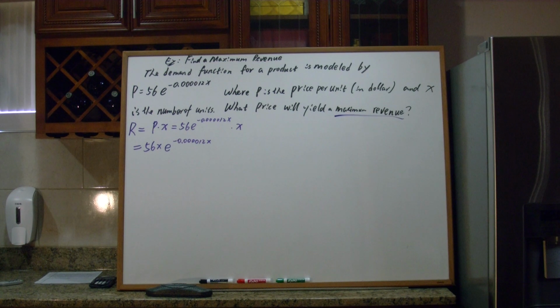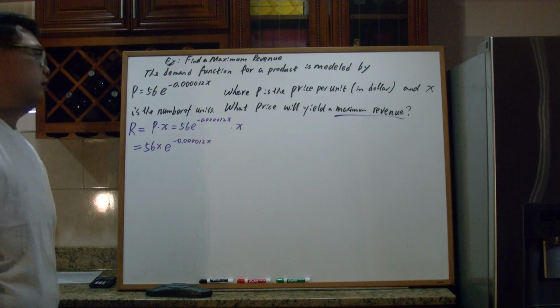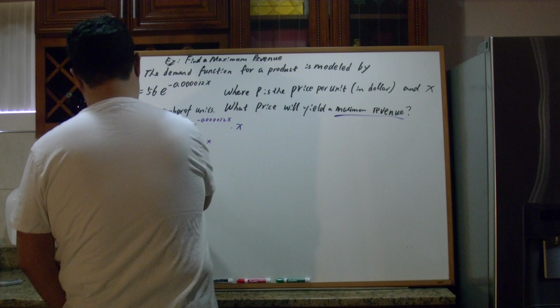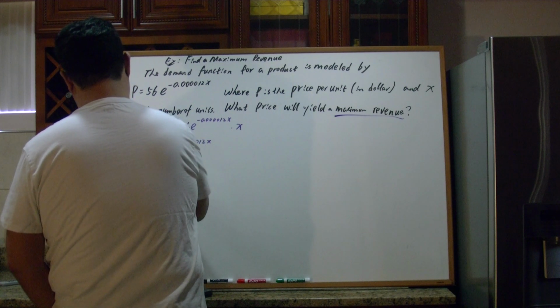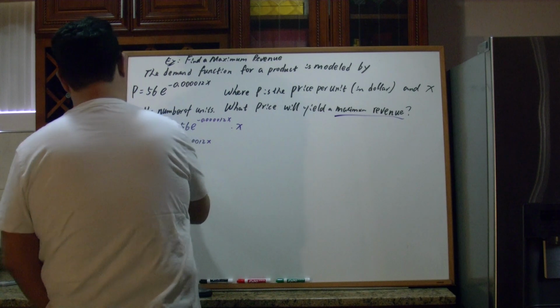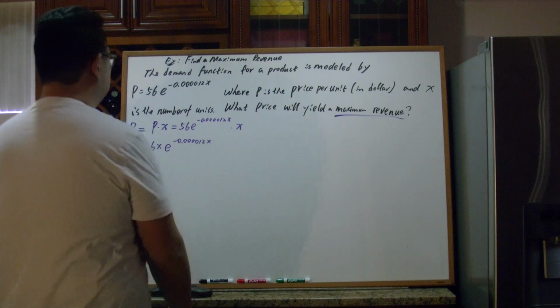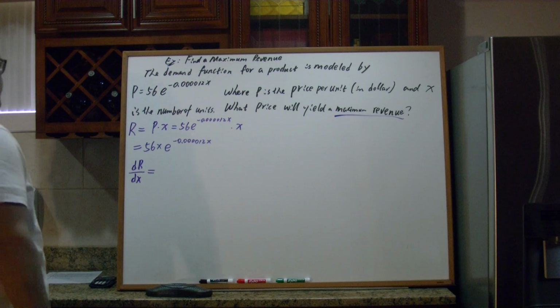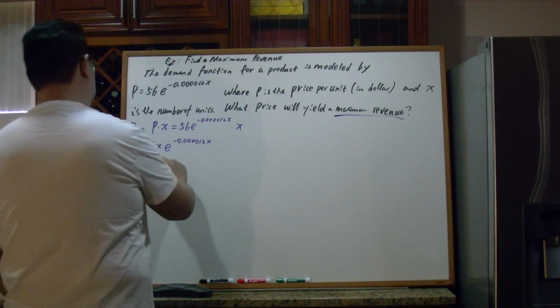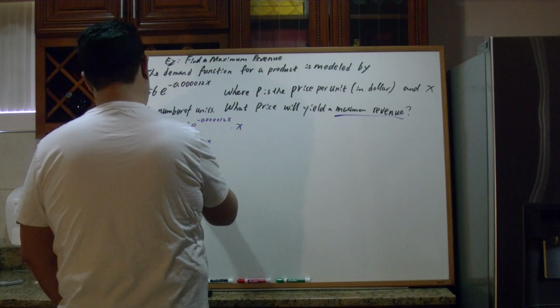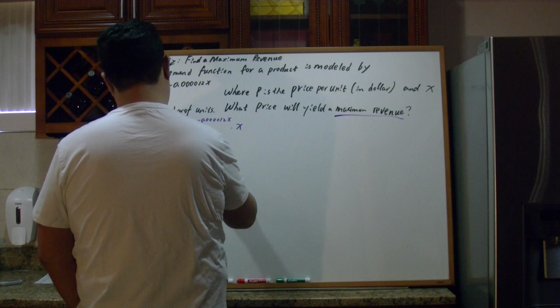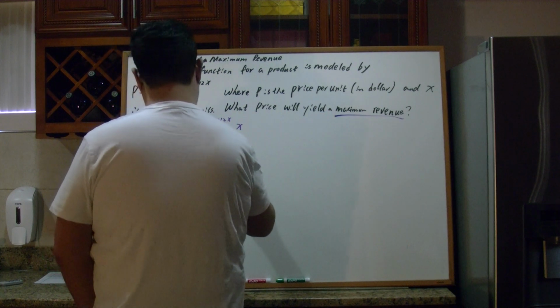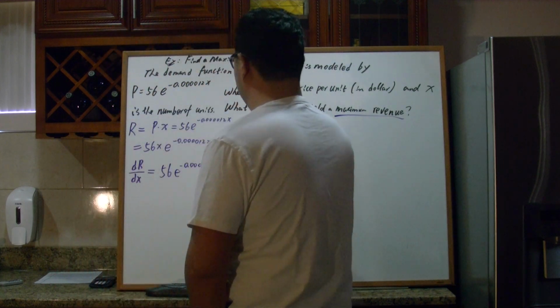To yield the maximum revenue, we need to find the derivative. That is a function of x, and we have the derivative: u prime times v plus v prime times u.